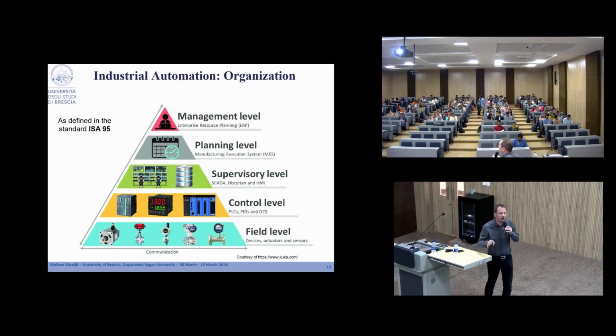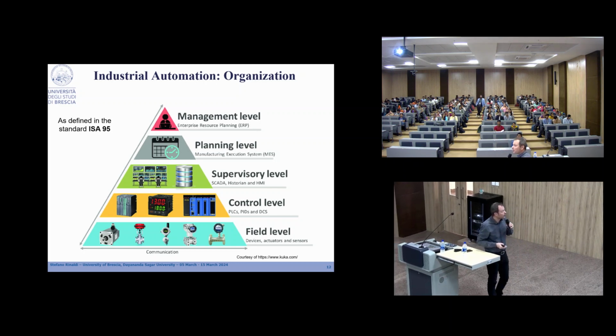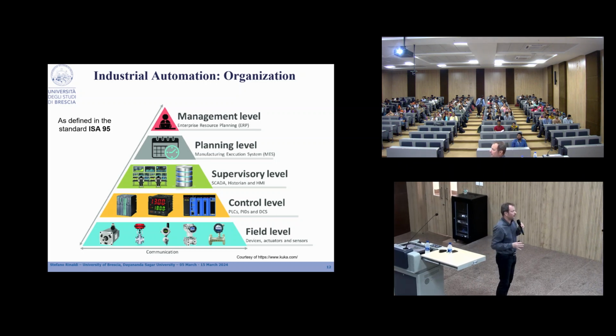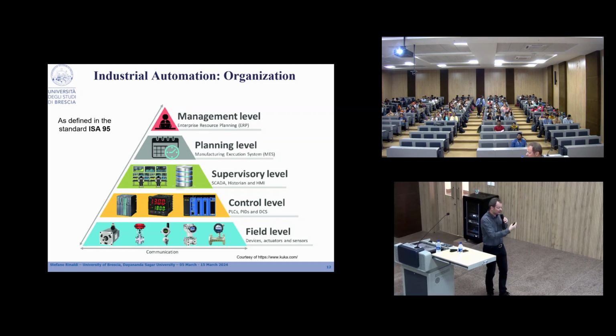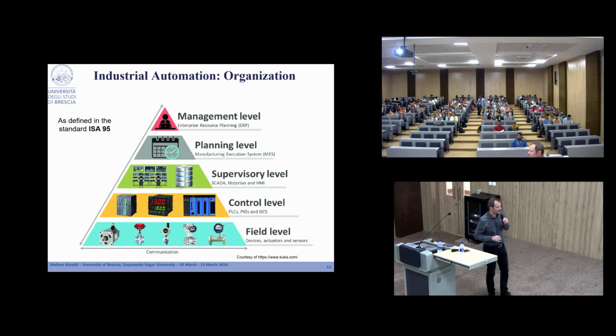A robot has its own controller installed in the robotic arm, for example, we can program this controller, but generally this controller is not supervised by the rest of the supervisory system installed inside the industrial plants.